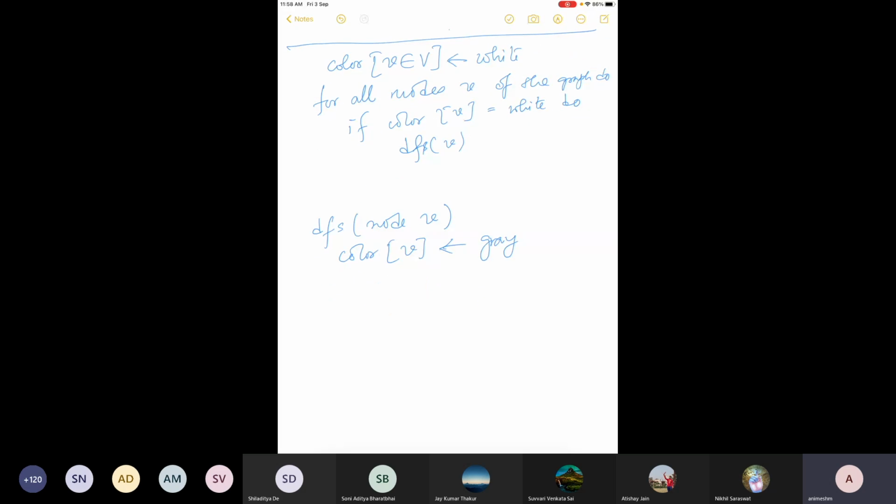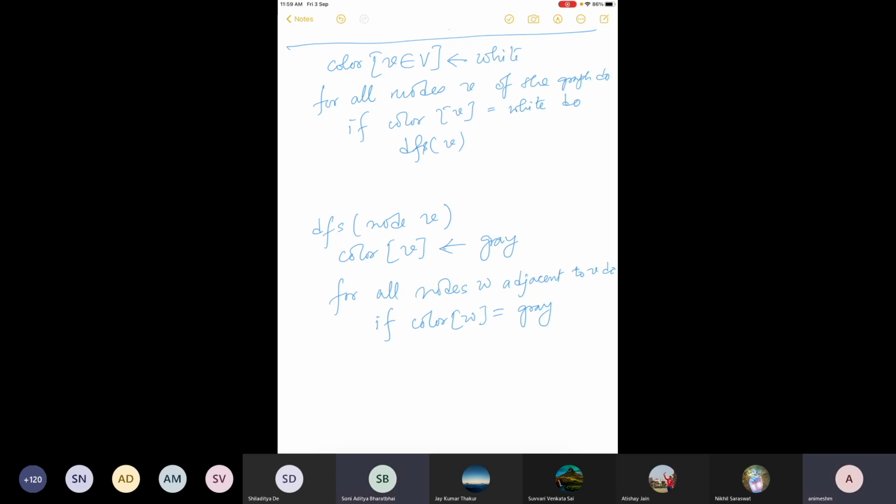So that is, exploration has started for V. For all nodes W adjacent to V, do: if color of W is equal to gray, what has happened? We have explored its parent.